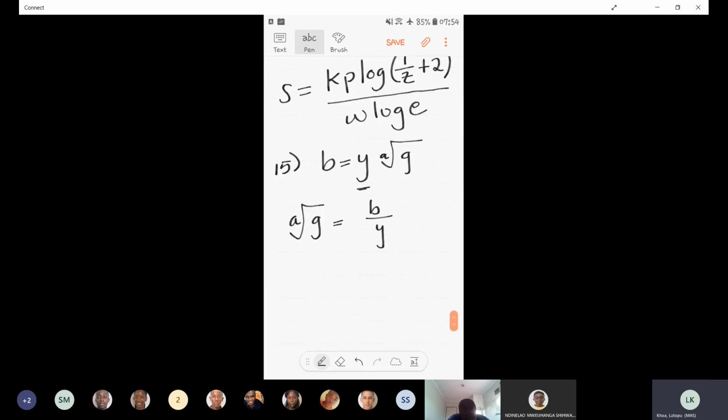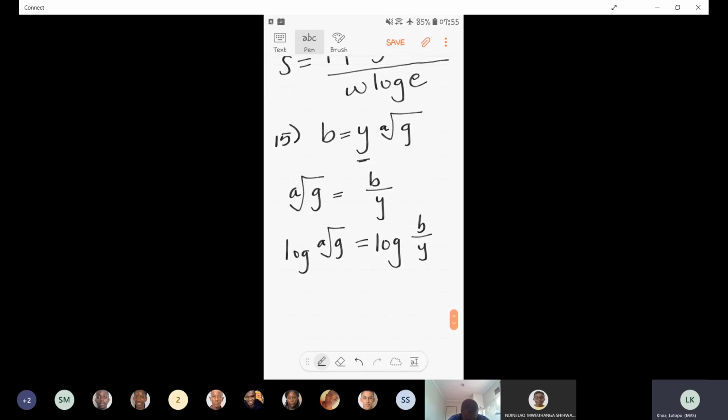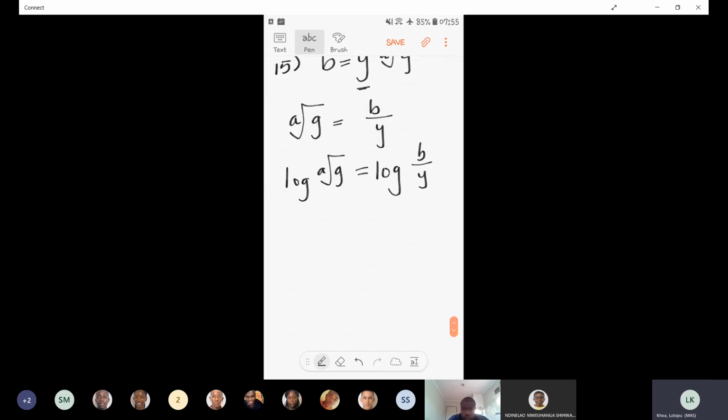And then I can take logarithms on both sides. So I have log 8th root of G is equal to log B over Y. And then this 8th root over here, you can write it as an exponent.